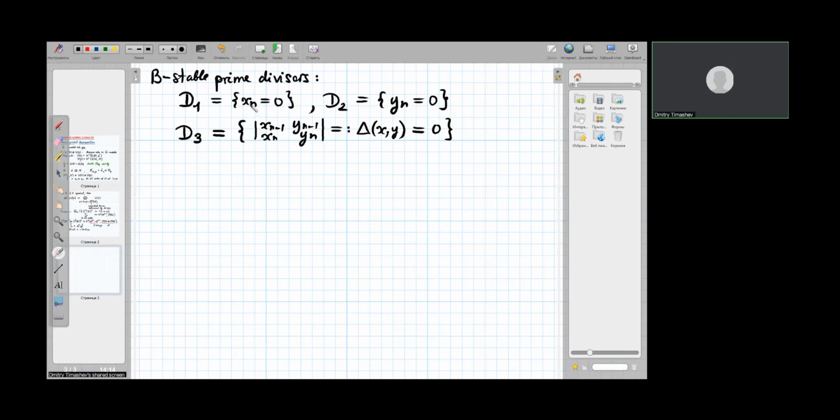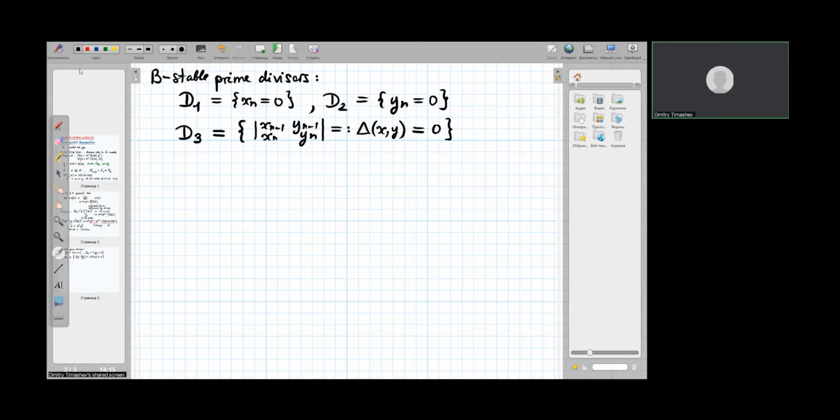Because observe that these coordinates xn and yn and this determinant delta are not functions on X, because the projective coordinates are determined only up to a multiple. So these are homogeneous polynomials in projective coordinates, and they are sections of some line bundles over P^(n-1) cross P^(n-1), over X.